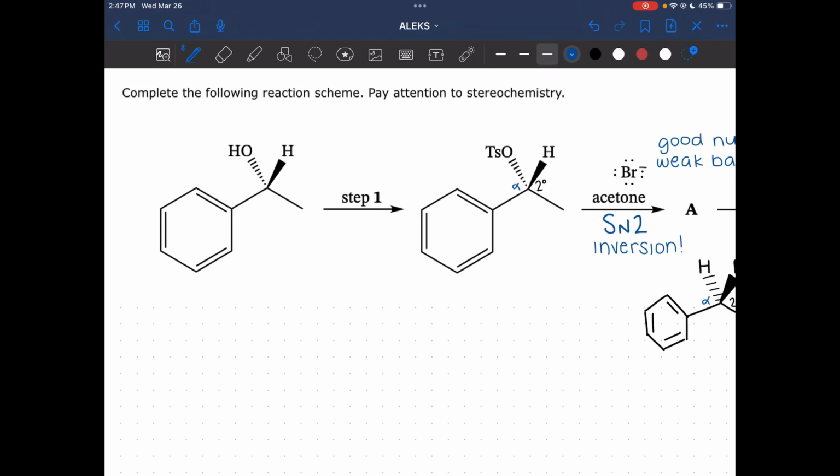I noticed that, of course, this is a terrible leaving group, so I want to make it into something better. And to do that, I can see here that we have this OTs attached as our good leaving group.